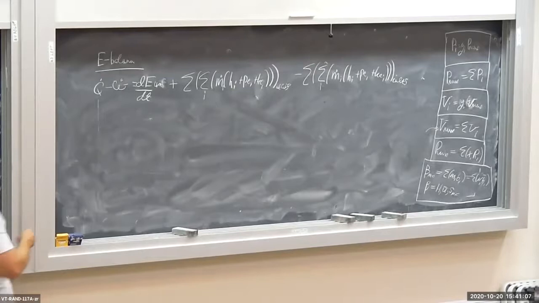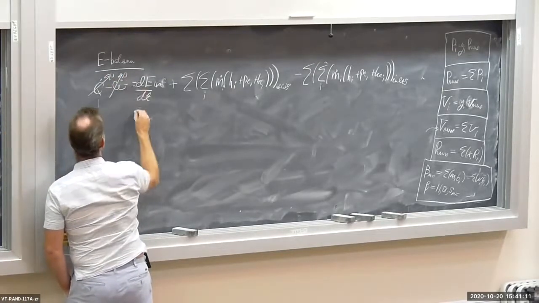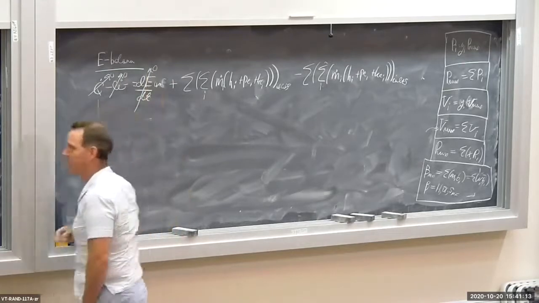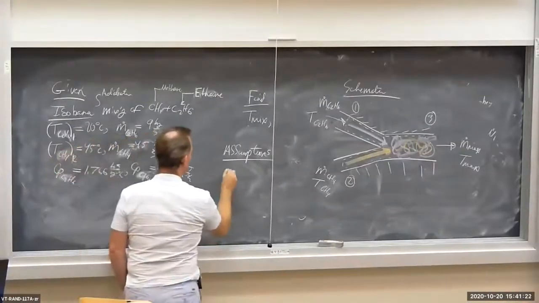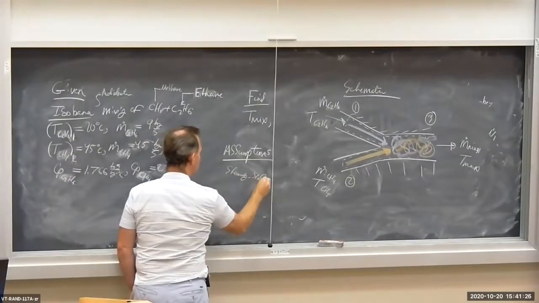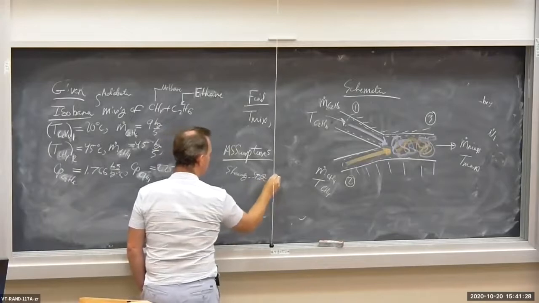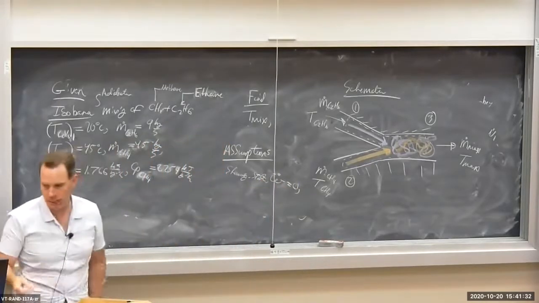So the dE_CV/dt is going to go away. 0, 0, 0. Okay, so for my assumptions, I'm going to write steady state here. Steady state, and W dot equals 0. No work interaction, steady state, okay?